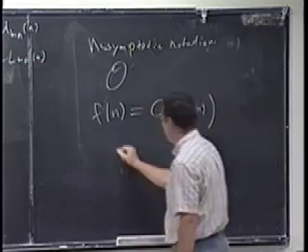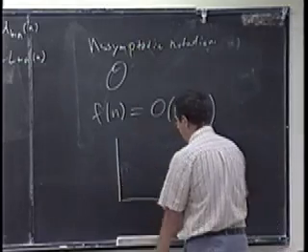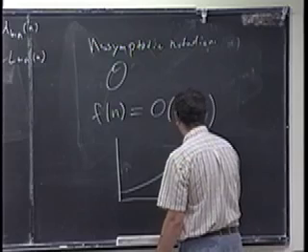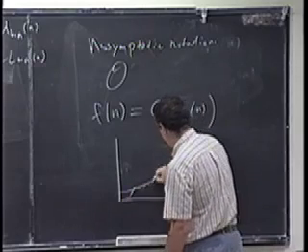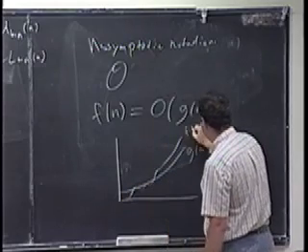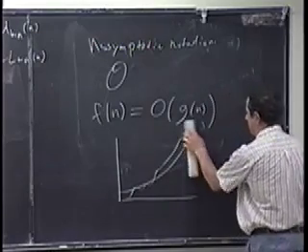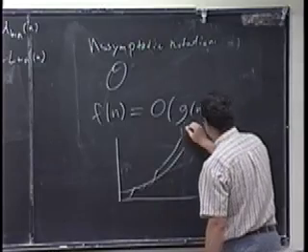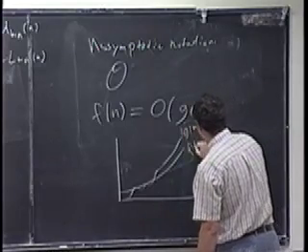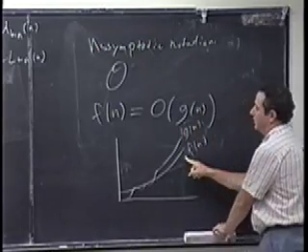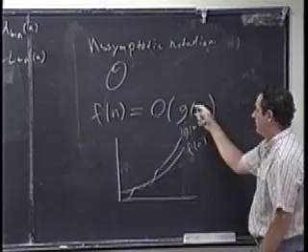And let me write what this means roughly. If this is g of n, f of n is, I'm sorry, I just got it backwards. F of n is the function we care about, and that function is big O of g of n.